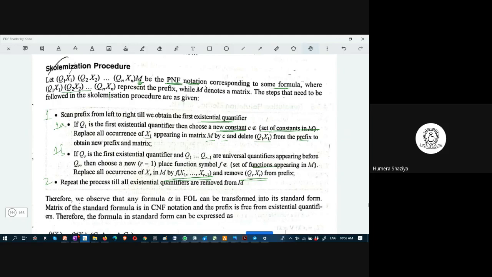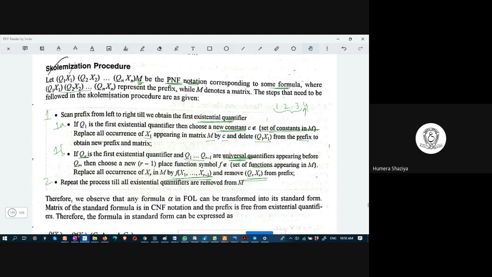Here, when there is a first existential quantifier Qr and Q1 to Qr minus 1 are universal quantifiers, like this 1, 2, 3, 4, this fourth one is existential. These first three are universal.